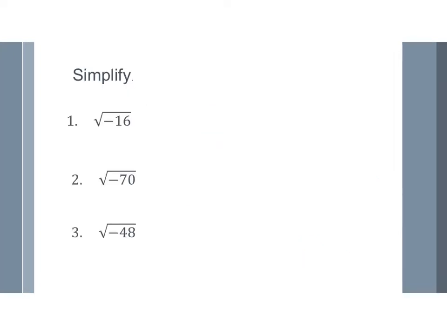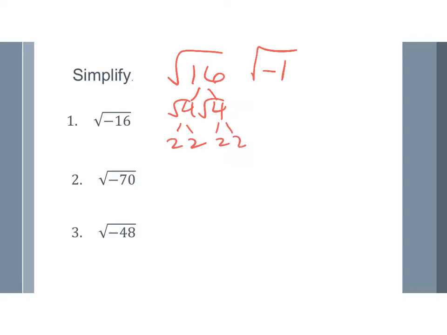So again, for the 16, we would break it apart into 16 times -1. Now, if you don't realize that 16 is a perfect square, you'd have to do the whole tree here: 4 times 4, 2 times 2, make your pairs of 2's, a pair of 2's, 1 comes out, 2 times 2 is 4.